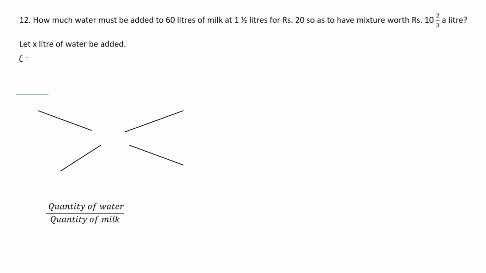So the cost price of 1 liter of milk, that is the price of the dearer quantity D, is 20 divided by 1.5, which is 40 by 3. And the cheaper quantity C is 0 because water comes at 0 cost.